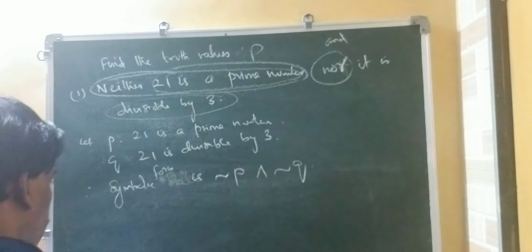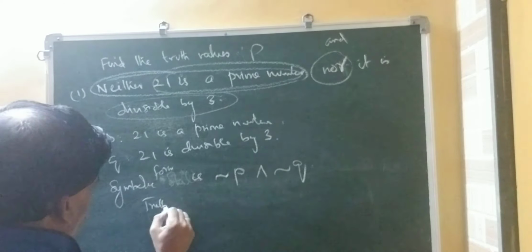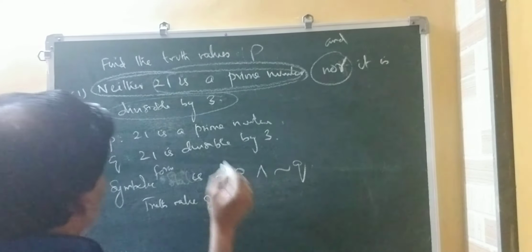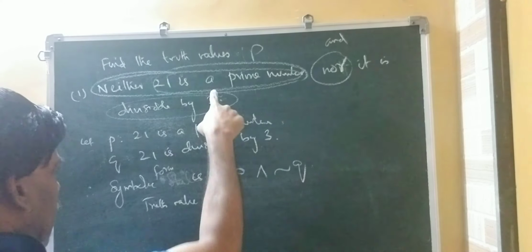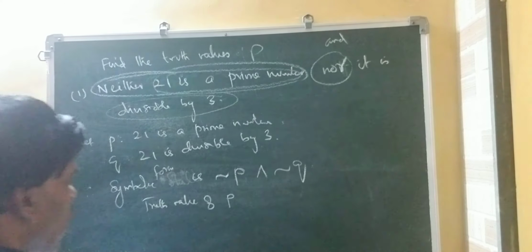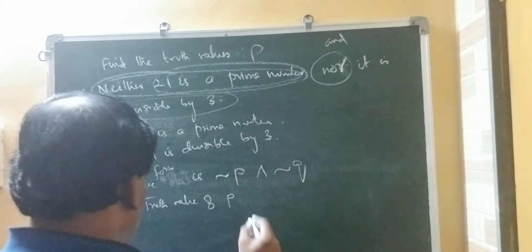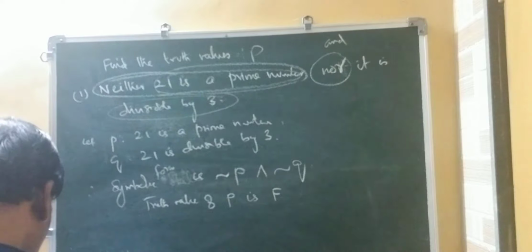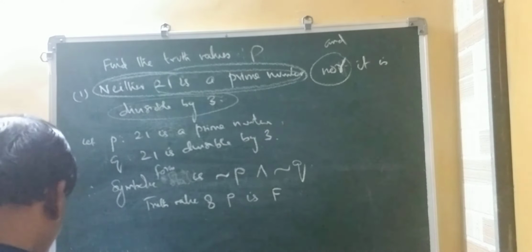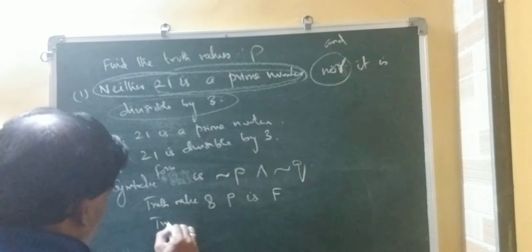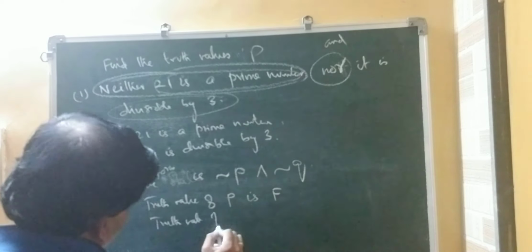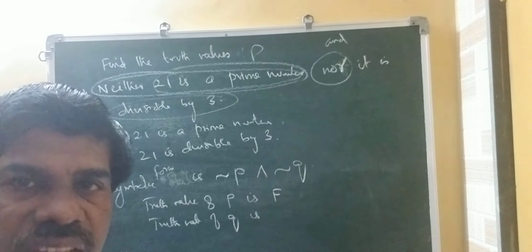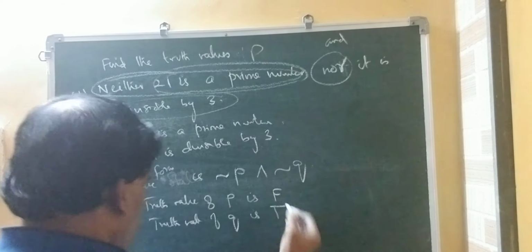Now truth value. Truth value of P: 21 is a prime number. Is it a prime number? No. So what is the truth value? False. Now, what is the truth value of Q? Whether 21 is divisible by 3? Yes, 7 3s are 21. So it is true.